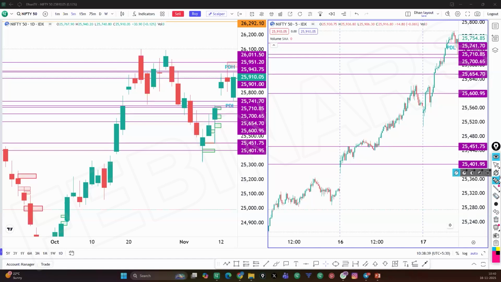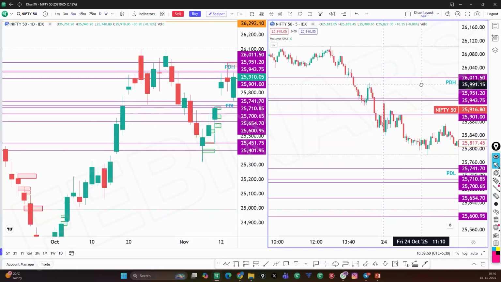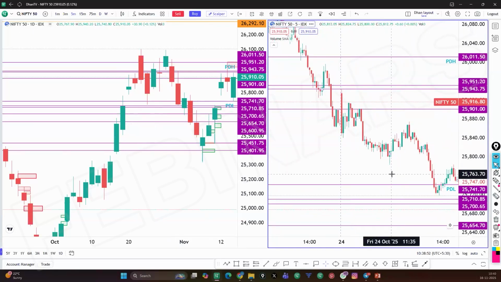So what happened on the 23rd October? Pro traders are bearish, I will also be bearish next day. Let me check what happened next day. The market created a trend. This is what we are able to capture, ladies and gentlemen. It is not that I am telling you only in hindsight.